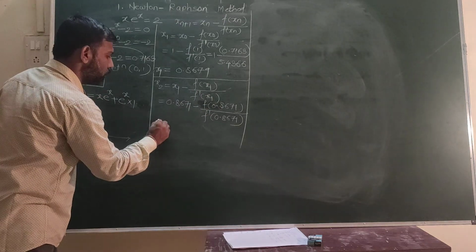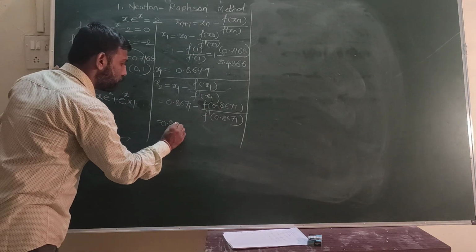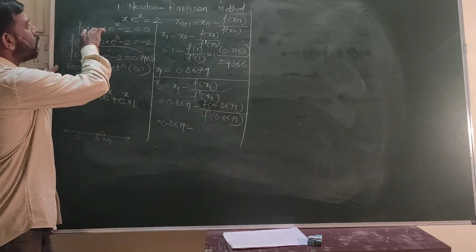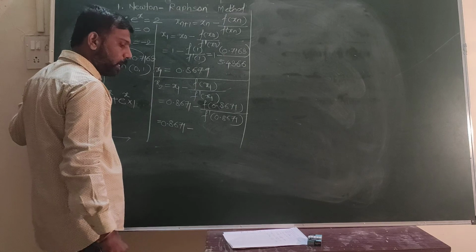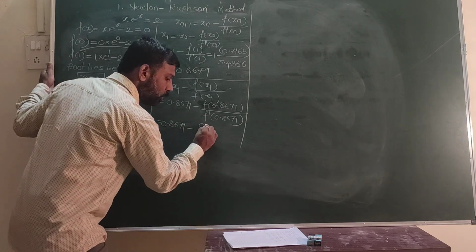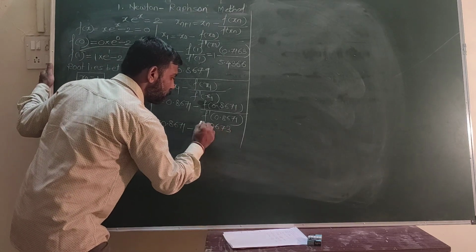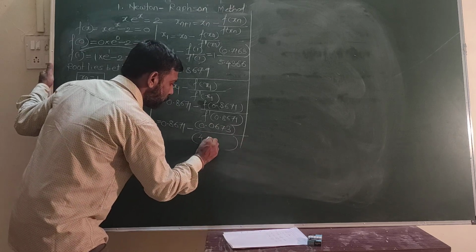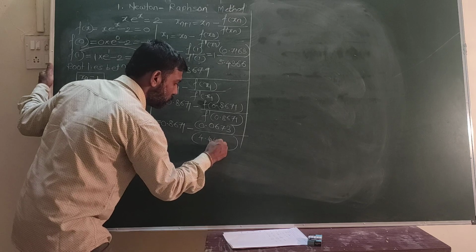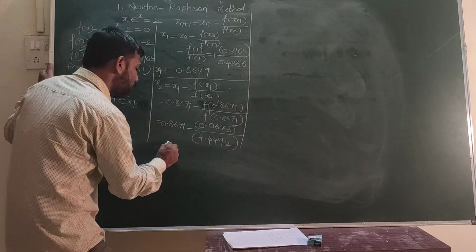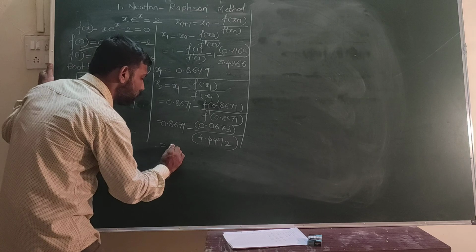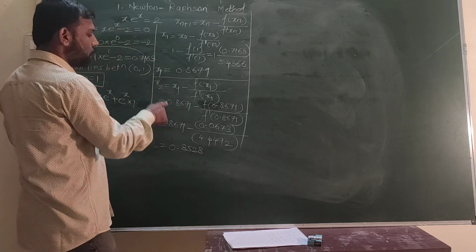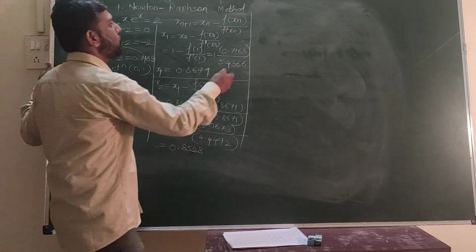So this is the expression. f of 0.8671 is substituted in this polynomial, and we have calculated on the calculator. Upon, and calculate this expression, it is 0.8528. So this is the second approximation, x2.